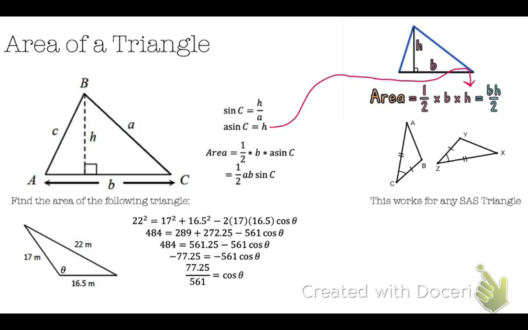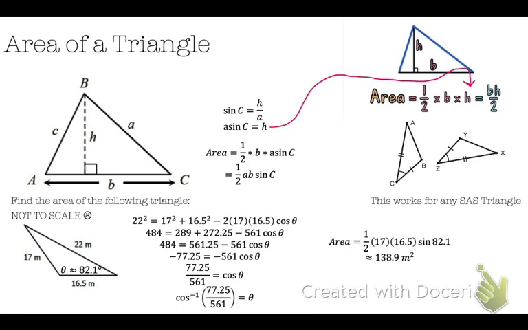Divide by that 561, so cosine inverse of 77.25 over 561 equals theta. So theta is approximately 82.1. Unfortunately, this is not drawn to scale, because that angle looks obtuse, but it's really just 82.1. So our area would be 1/2 times 17 times 16.5 times the sine of 82.1, which is approximately 138.9 meters squared.